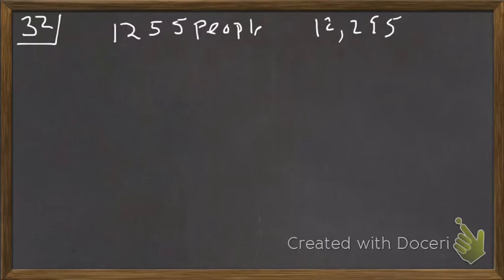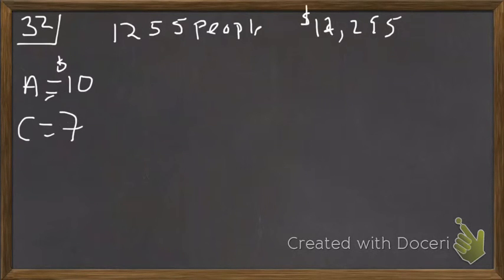The price of admission for adults is $10, and for children it is $7. How many of each type of ticket did they sell, adults and children, and show how you would solve this problem using a system of equations?